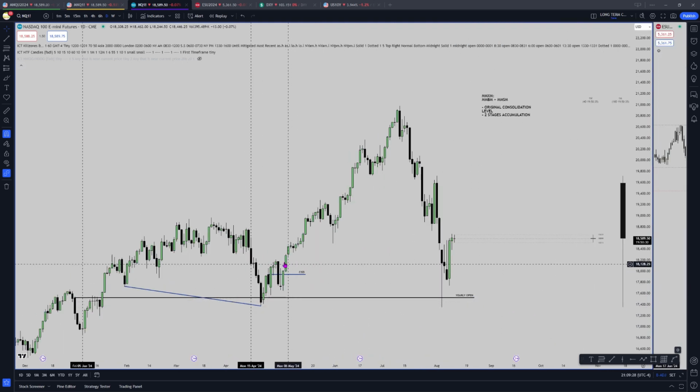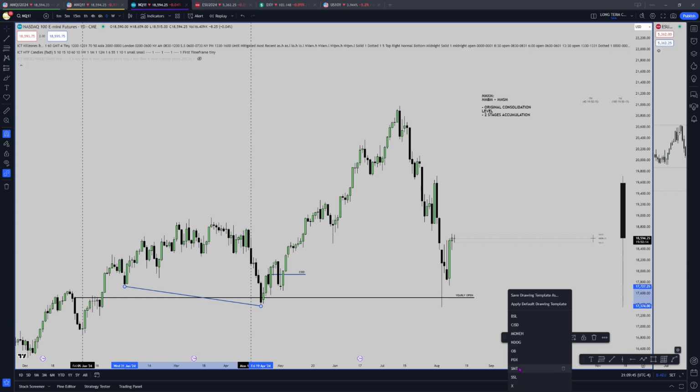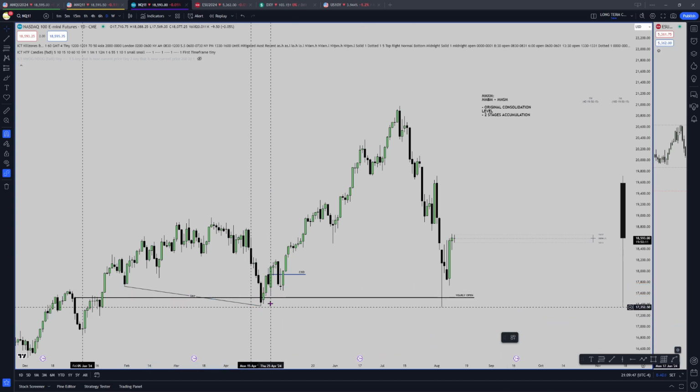The first down close candle after sweeping liquidity will be your change in the state of delivery. It doesn't have to necessarily be up here, it can also be down here, since we also formed a fair value gap as well. So this is your SMT, and this down here would be considered your smart money reversal.